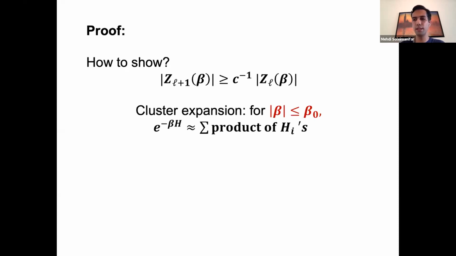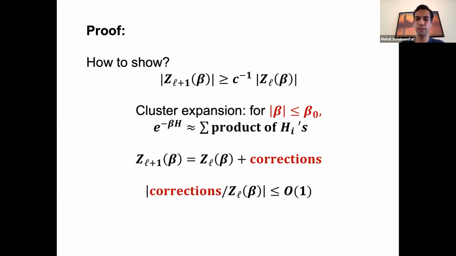And this holds as long as your beta is inside that convergence disk. So once you have this, then you can single out the effect of adding one spin to the partition function. So write the new one as the old one plus some corrections, that then you can show the corrections are basically small. And then this gives you the lower bound.